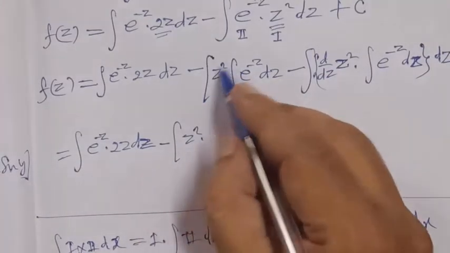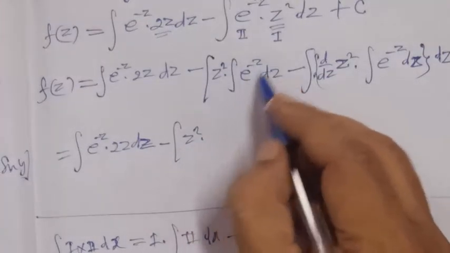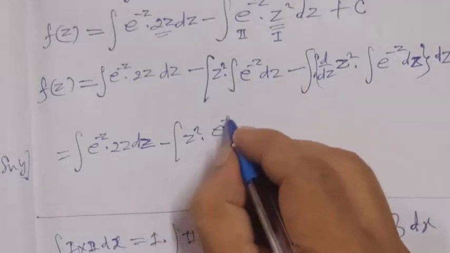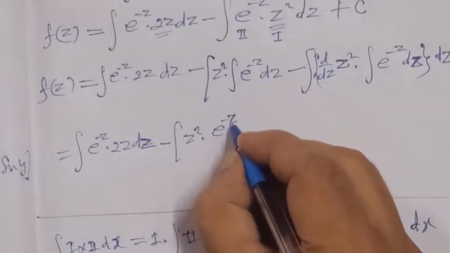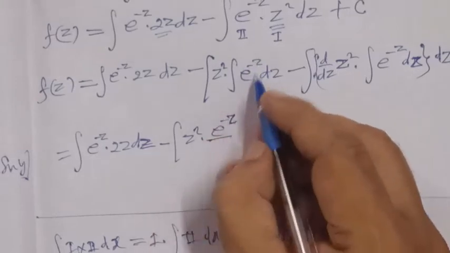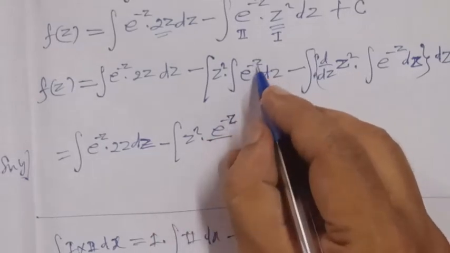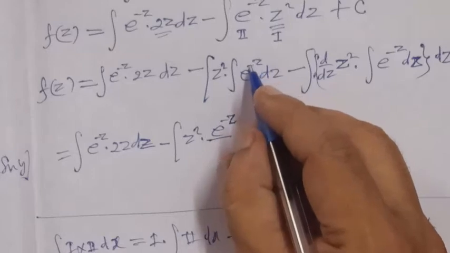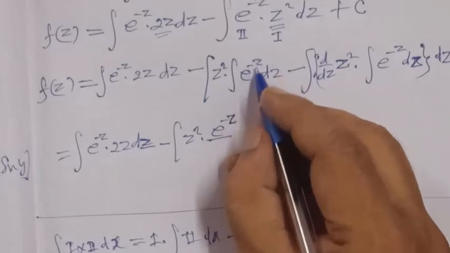Z square, I write z square, the integration of e to the power minus z equals e to the power minus z, but we divide by the coefficient of z, which is equal to minus 1.